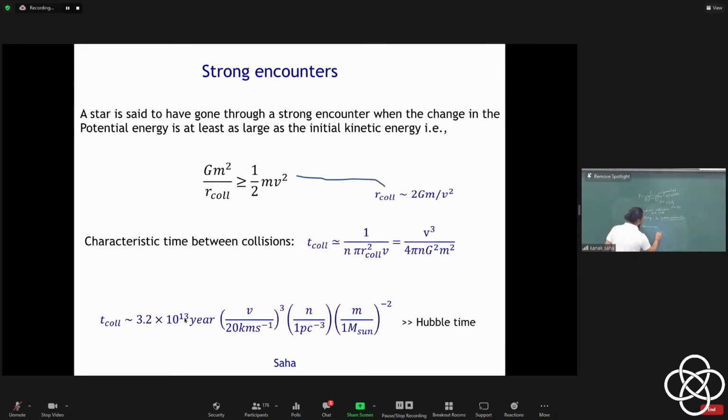So imagine this is an impact parameter b. One can actually calculate this star will deflect the star towards it. So there will be a change in the vertical velocity of the star. It will pull by.